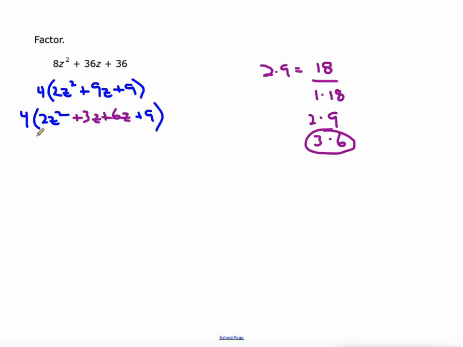Now I'm going to do some grouping, because now we've got 4 terms, we're going to factor by grouping. I'm going to use some brackets here to start breaking things up a little bit. 2z squared plus 3z will be my first group. And my second group will be 6z plus 9.